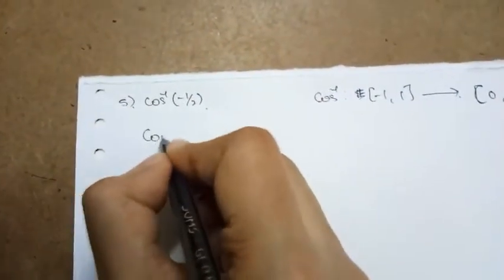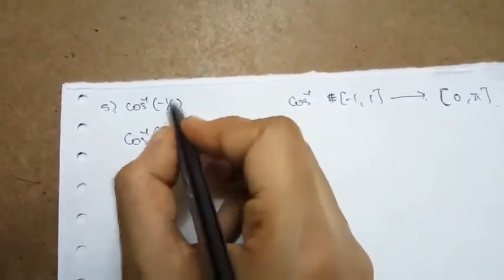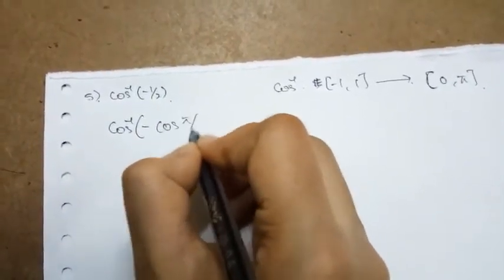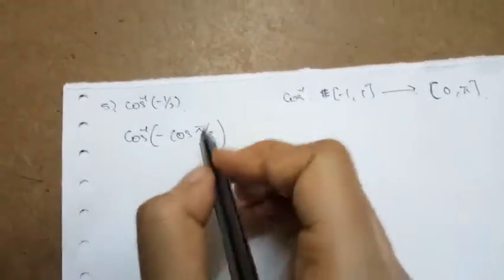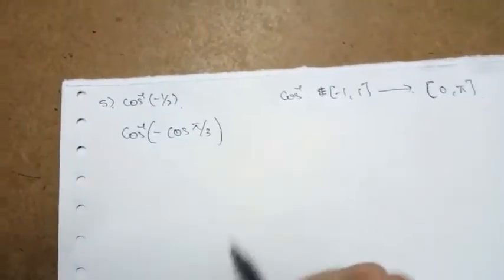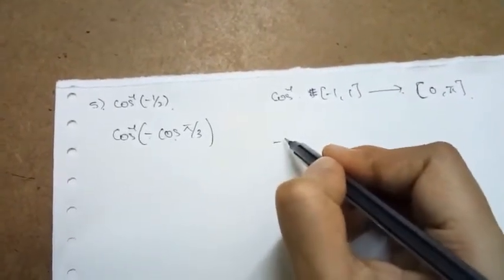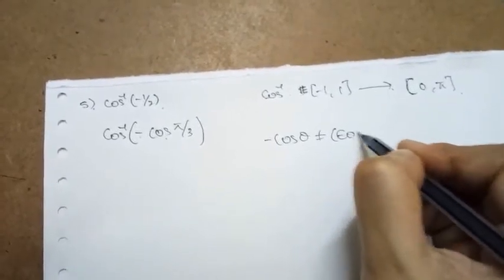Clearly, I can write now, for which value of cos is it 1 by 2? That is cos pi by 3, which is 1 by 2; cos 60 is 1 by 2. So cos inverse of minus cos pi by 3. Minus cos theta is not equal to cos of minus theta.